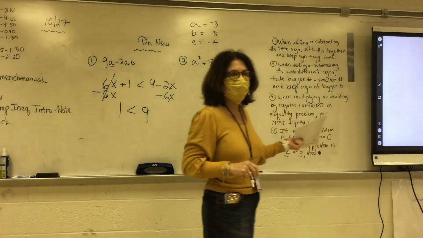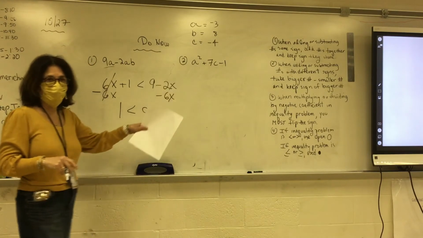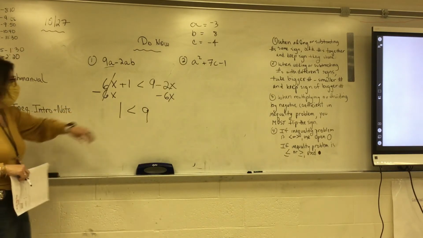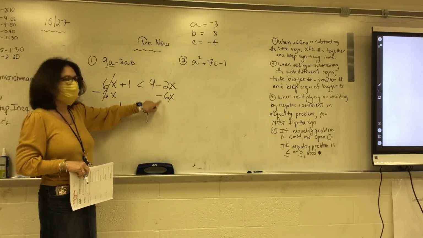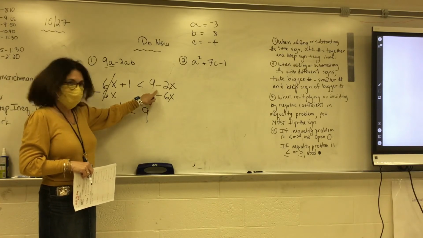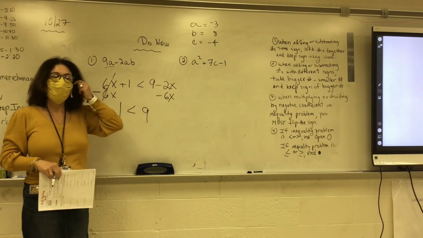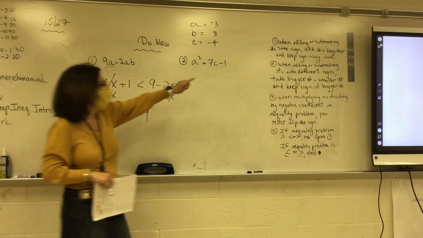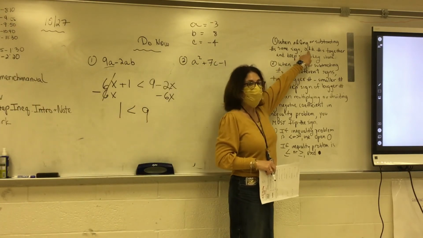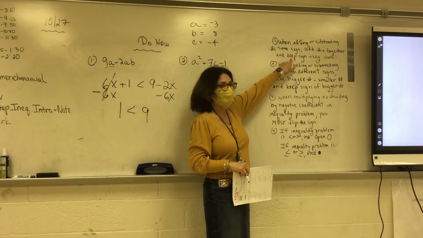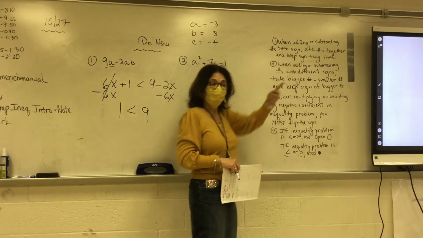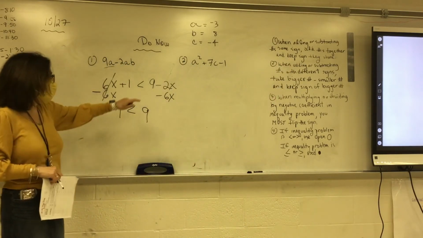Again, little tidbits, but you can use them, take a picture or copy them down. So here I have two numbers. They both are negative. So I do what? Add them together and keep the sign the same. Perfect. I add them together and keep the sign they share.